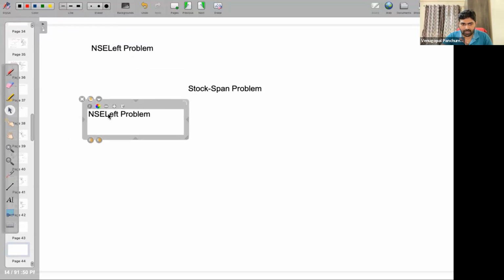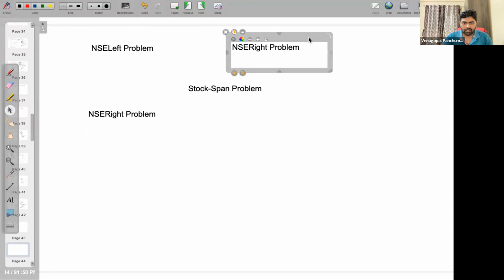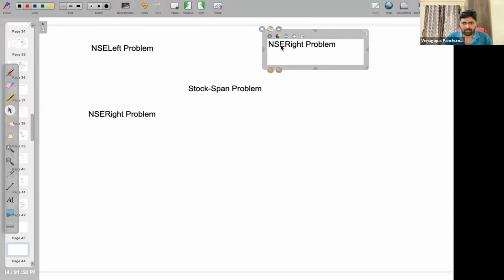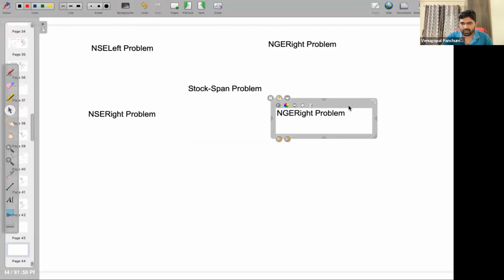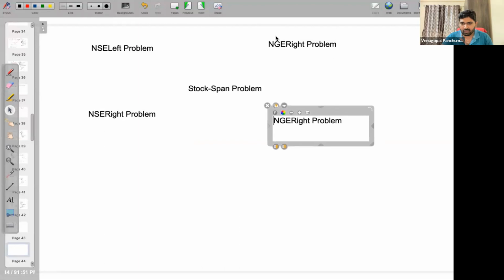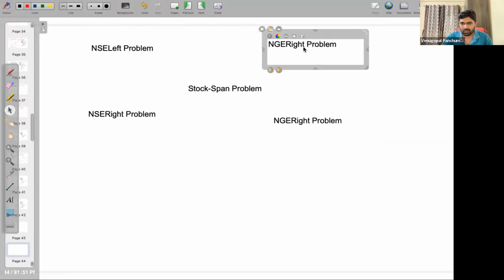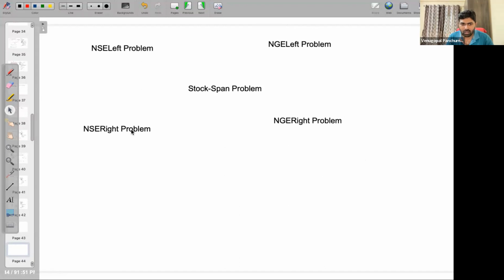Nearest smaller element to its right, we have seen. Then we have seen nearest greater element to its left. Right. So these were the 4 questions based on more or less similar pattern.